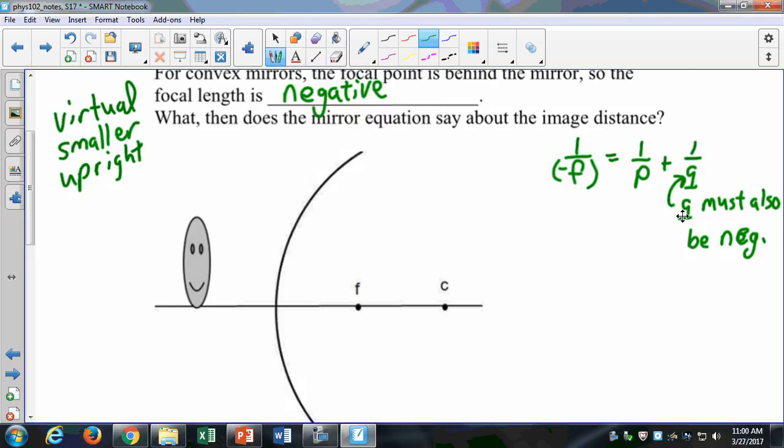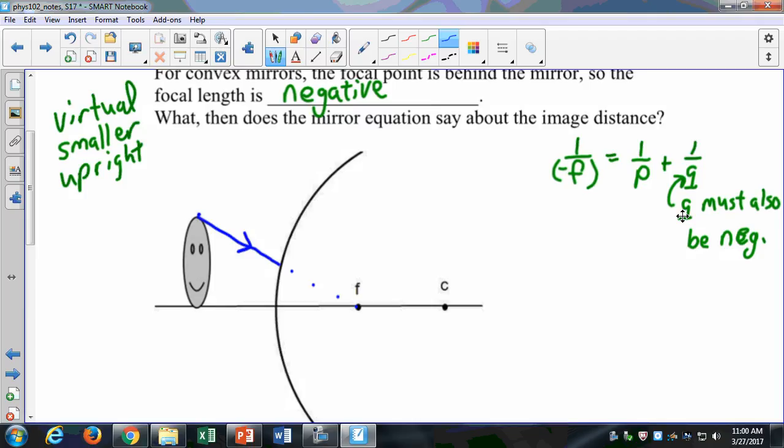Okay, so these rays look like this. Ray number 1 is through the focal point and parallel to the axis. This one's tricky. The way you're going to draw this is you'll draw a ray such that if you were to trace it forward, it would go through the focal point.